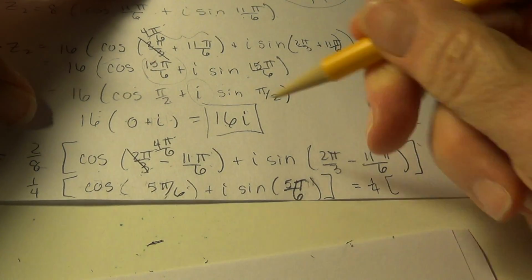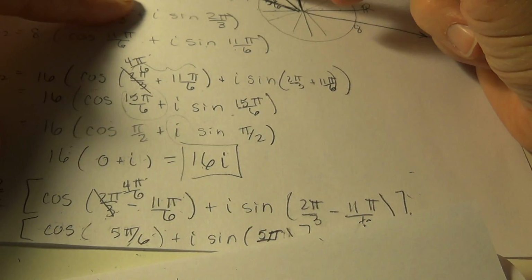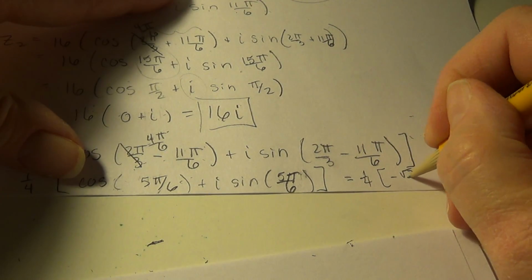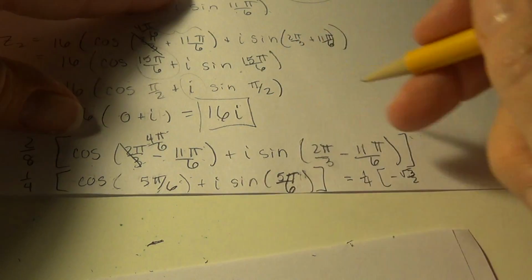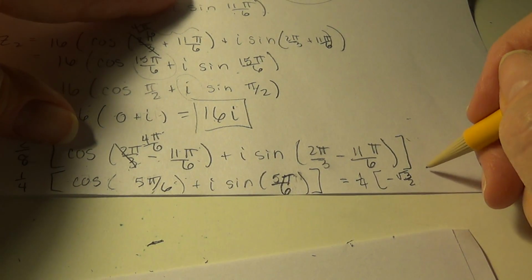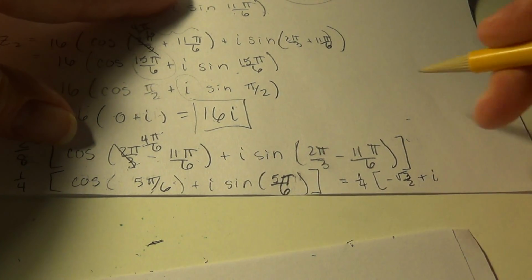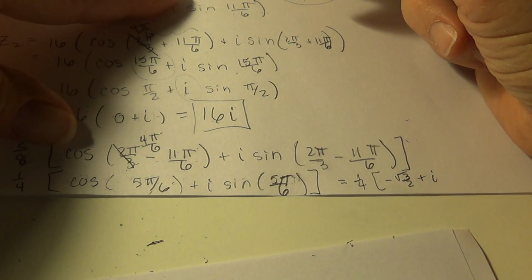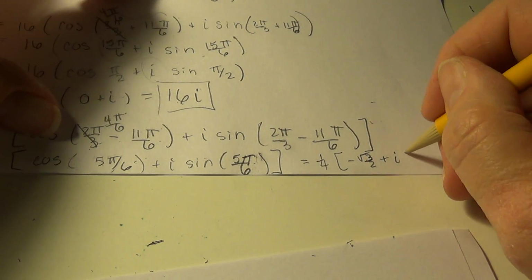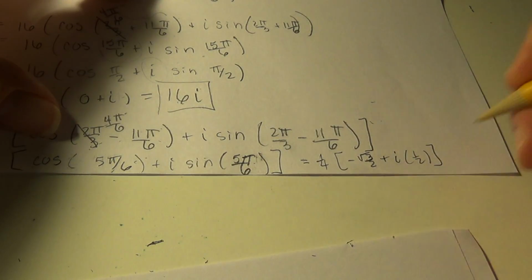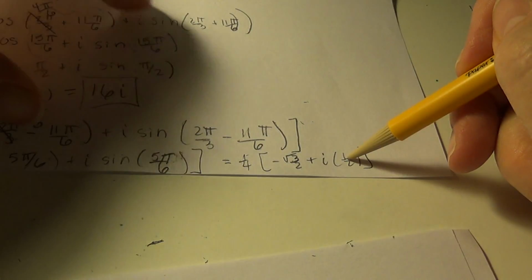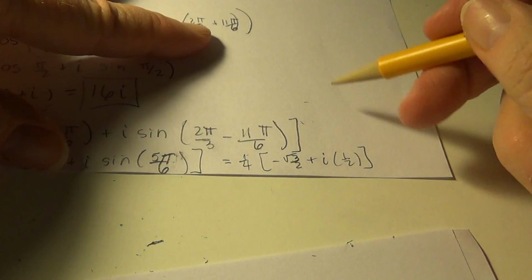And when I take the cosine of 5 pi over 6, I'm going to get negative square root of 3 over 2. And then I won't forget my I this time, plus I. And the sine of 5 pi over 6 is 1/2. All right, so I multiply these values by 1/4 and simplify if I can.